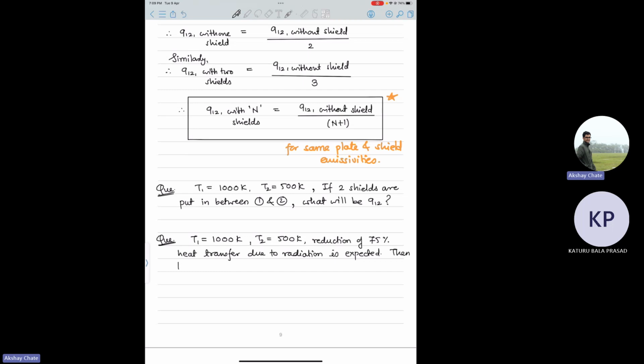Then how many shields of same emissivity need to be put in between the plates? So this is the second variation of the problem.